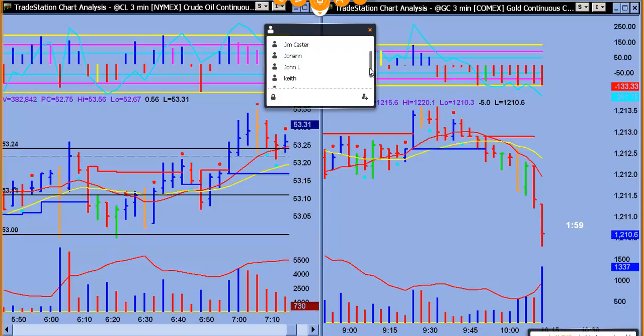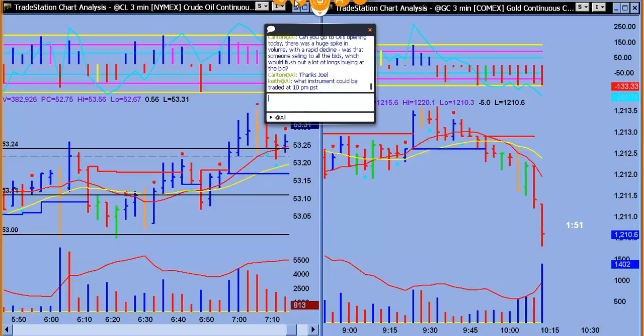What instrument could be traded at 10 p.m.? At 10 p.m. Pacific. Keith, I don't trade overnight stuff. There's no need to do it.